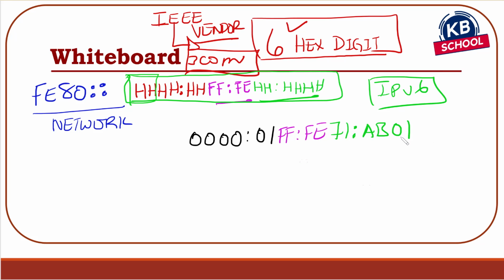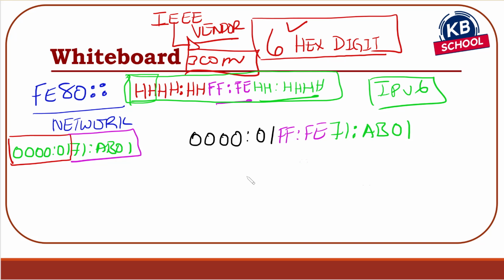That's the MAC address. So the MAC address would have been 0000 colon 0171 colon AB01. In this address, this portion is the vendor code, and this is the unique address that the vendor assigns to that NIC. So what I've done is taken 0001 FFFE 71 AB01 and split it like that.